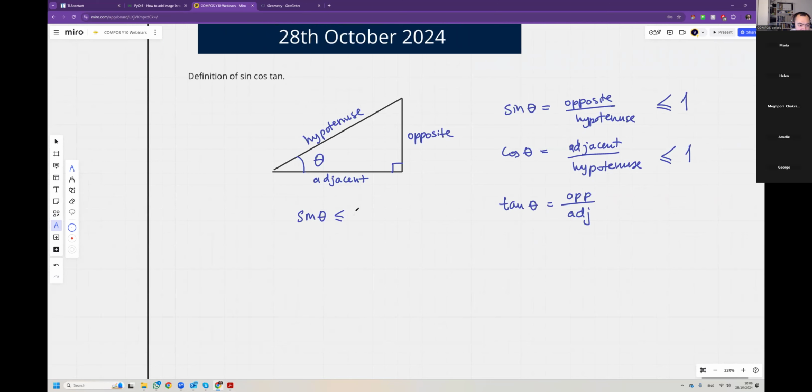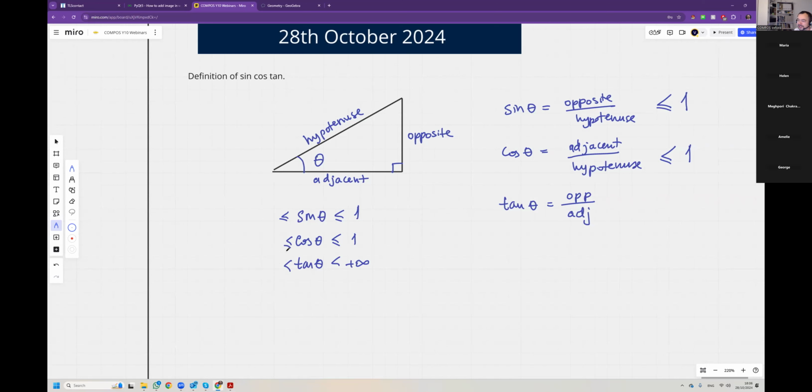Sine theta is less than 1. What's the smaller limit? Cosine theta is less than 1. And tangent theta, we can say it's less than plus infinity and greater than.